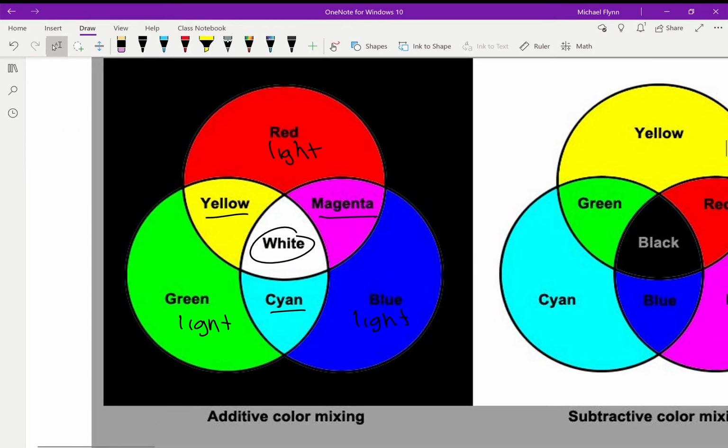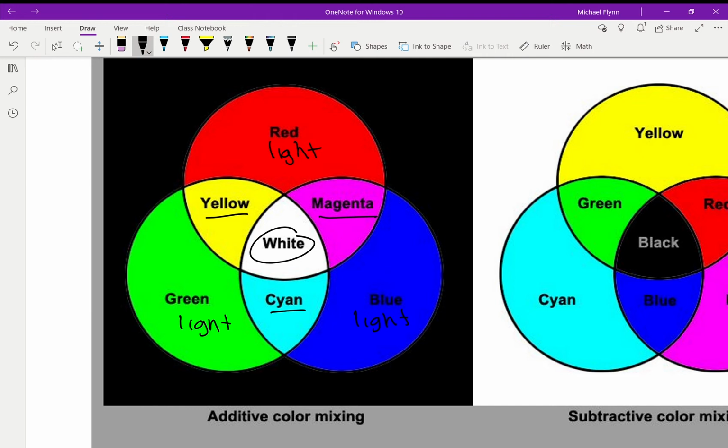So if you look at additive color theory, red plus green plus blue make white. So if you have white light, which is normally the light that we have in the room, when we turn on the lights, that's white light. When white light hits red pigment, like if I'm wearing a red shirt, the green and blue light gets subtracted by my shirt.